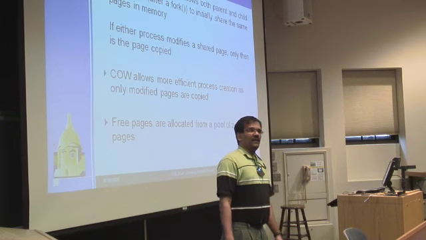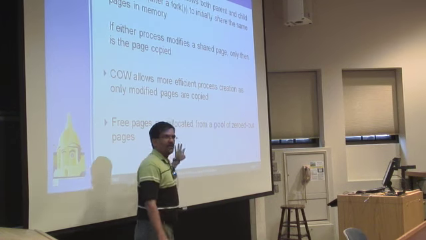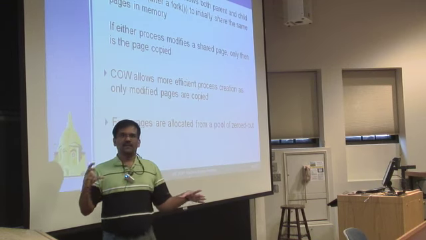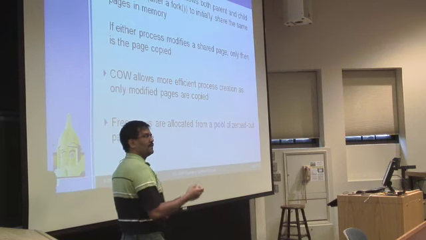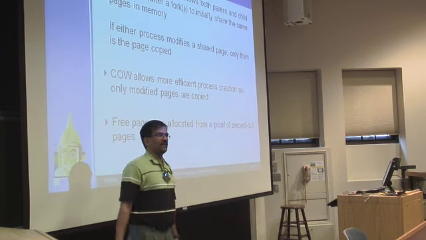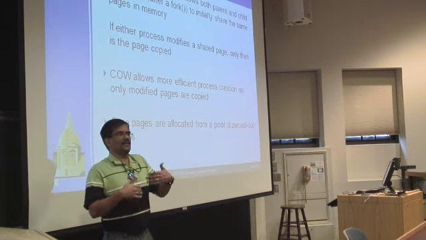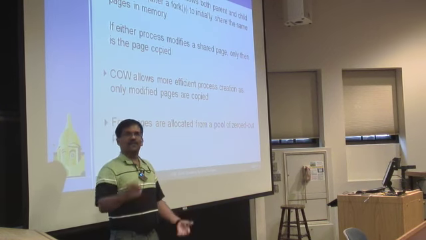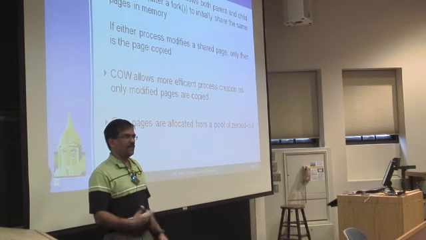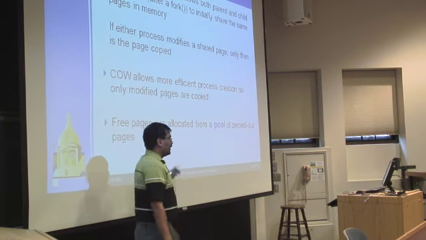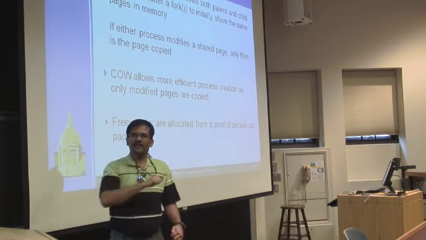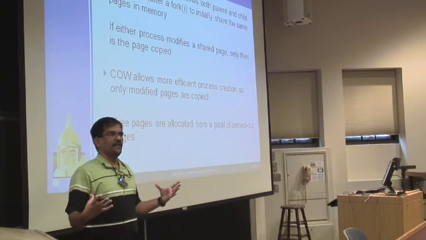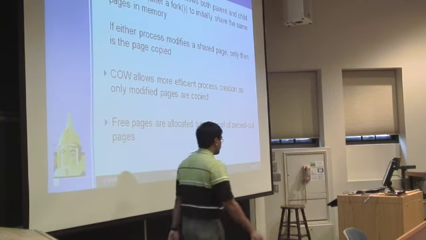So one optimization you can do here is to give a page, if the hardware allows it, where whenever you read it, you will only get a 0 until you start to modify it. That way you don't actually write zeros. And again, the cost is that if you want to write zeros to a page, you have to go through and write zeros for the entire frame, which may be expensive.